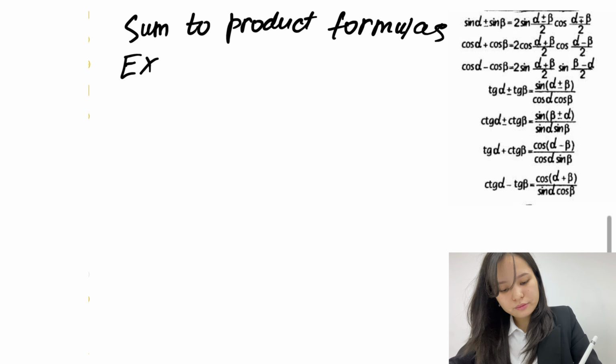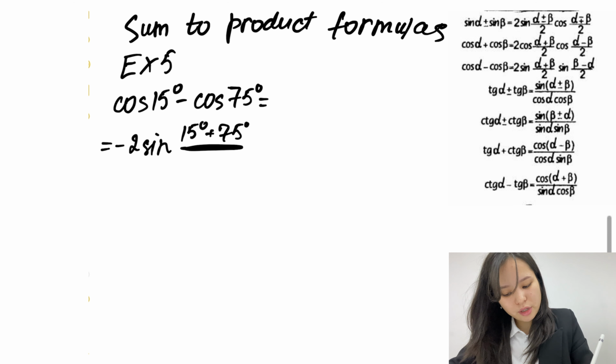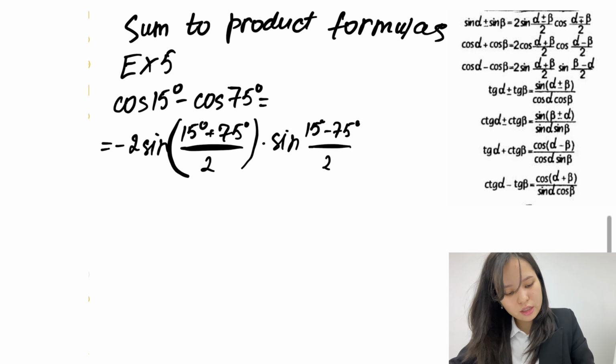Example 5. Given the difference of cosines, cosine 15 degrees minus cosine 75 degrees, it's equal to minus 2 sine of (15 degrees plus 75 degrees) divided by 2, multiplied by sine of (15 degrees minus 75 degrees) divided by 2.